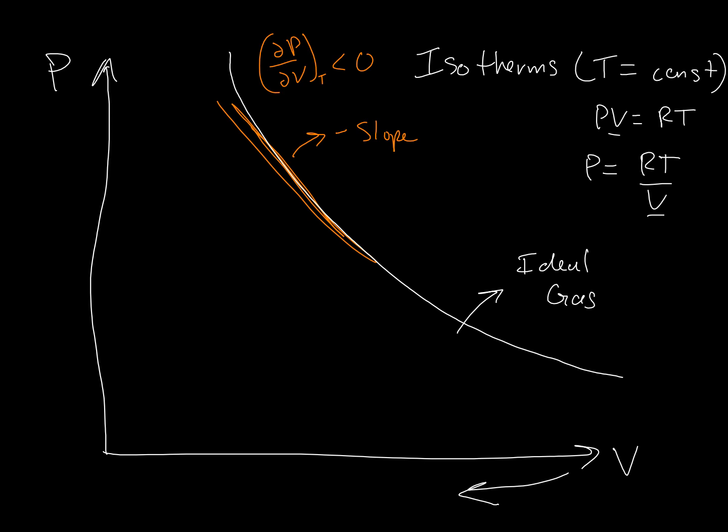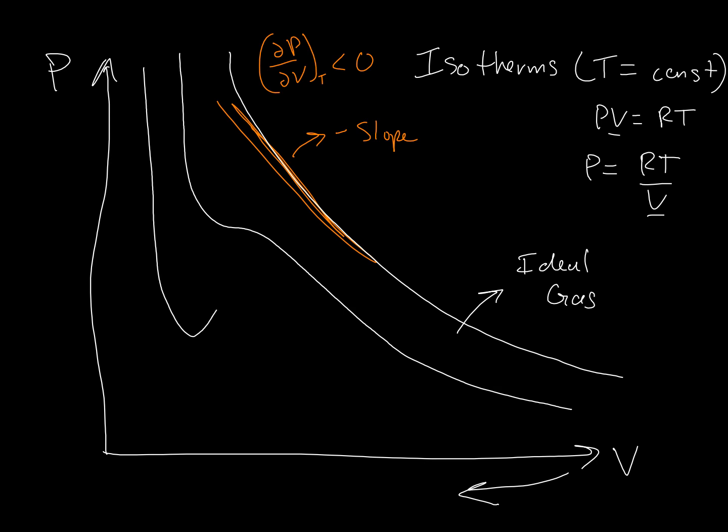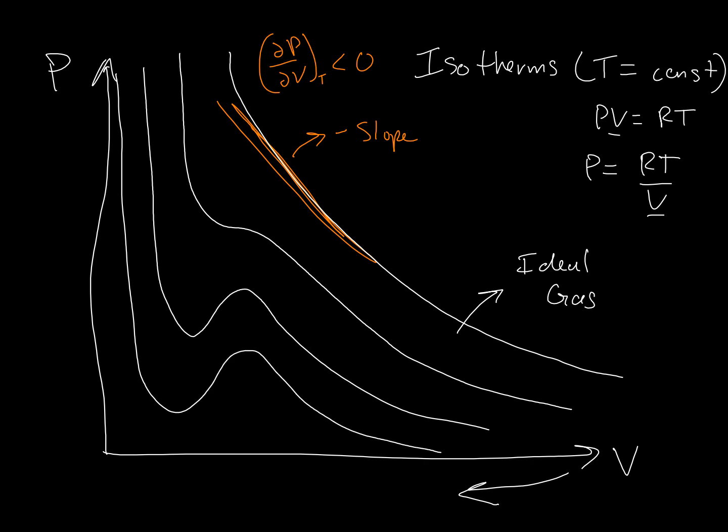In a cubic equation of state, it will begin to first have a little bend like this, and then eventually we'll have a full-blown dip like this. So this region here is kind of like a real fluid.